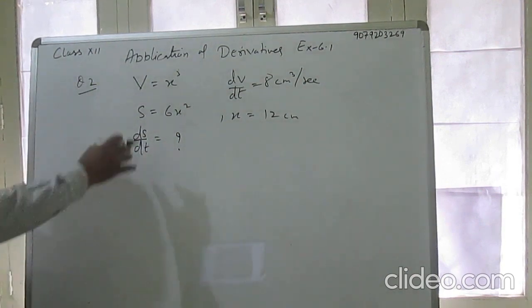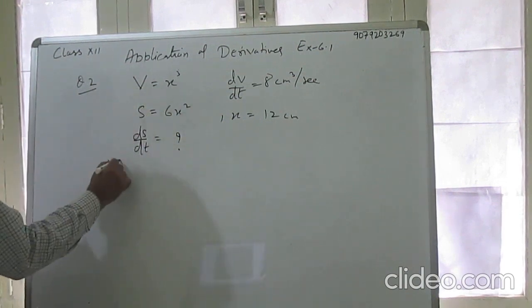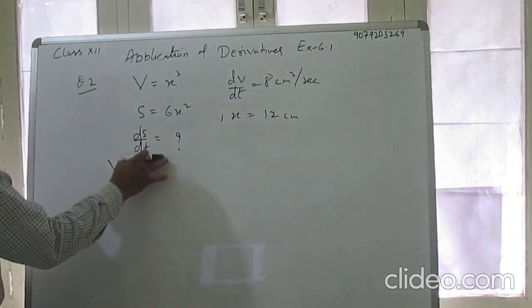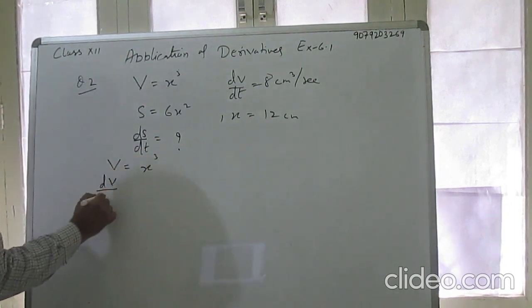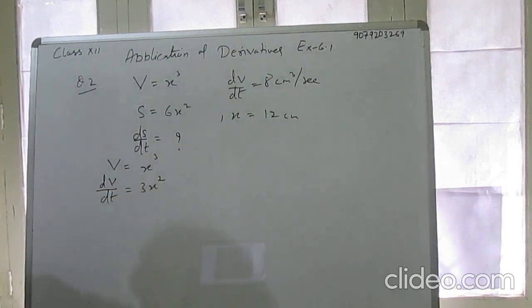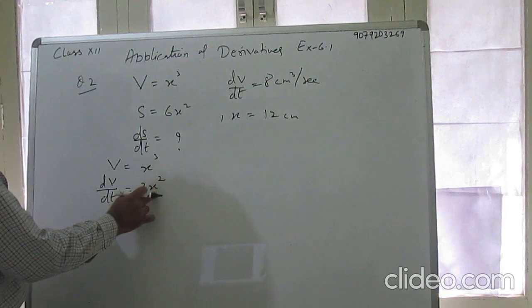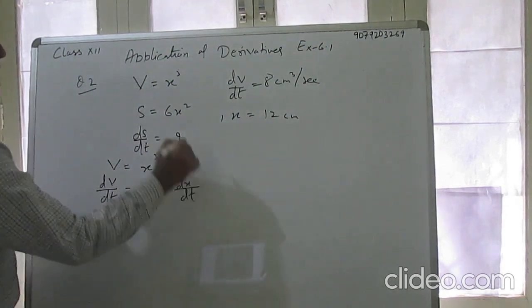See here, what is the volume of cube? V is equal to x cube. So we differentiate it with respect to t. 3x square into, what is the differentiation of x? dx by dt.